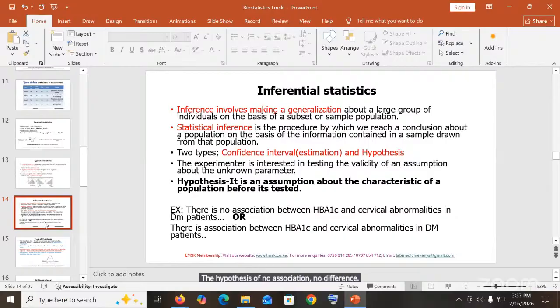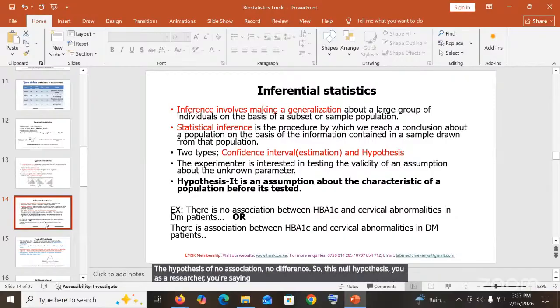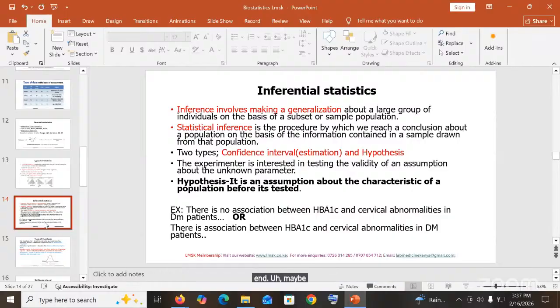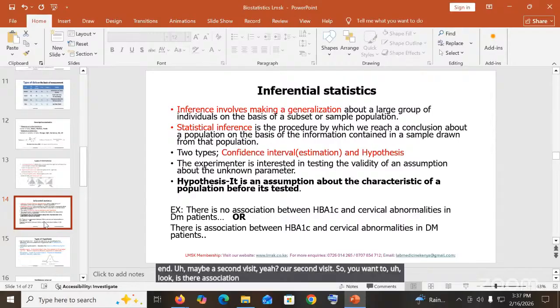With this null hypothesis, you as a researcher are saying there is no association between the customer satisfaction index and maybe a second visit. You want to look at whether there is an association between the satisfaction of the clients we are serving and a probable second visit.